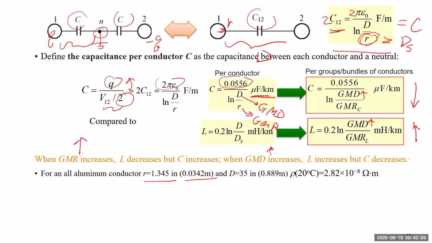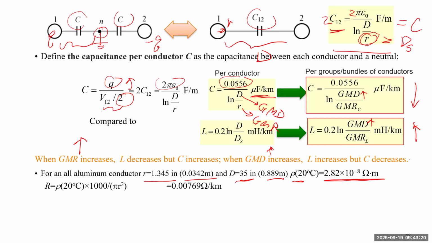And if I have two such conductors at a distance of 35 inches, which is less than a meter, they are separated at this distance. If it's made of aluminum, rho will be equal to this value under ambient temperature.